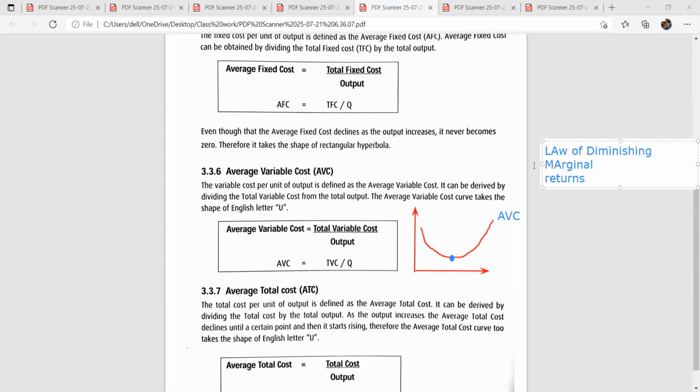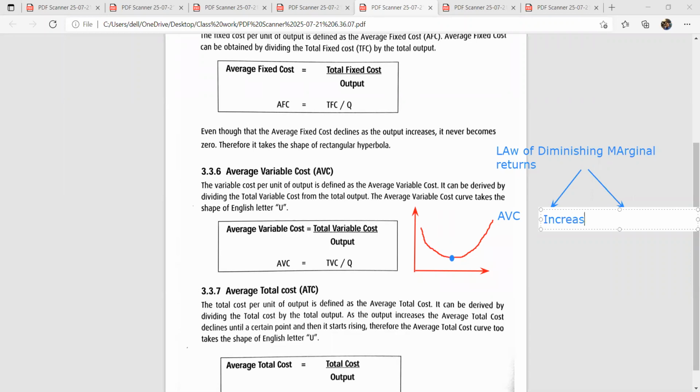Then there are two aspects of law of diminishing marginal returns. One is increasing returns. The other one is decreasing returns, diminishing returns. Here, increasing returns. Other side, diminishing returns.